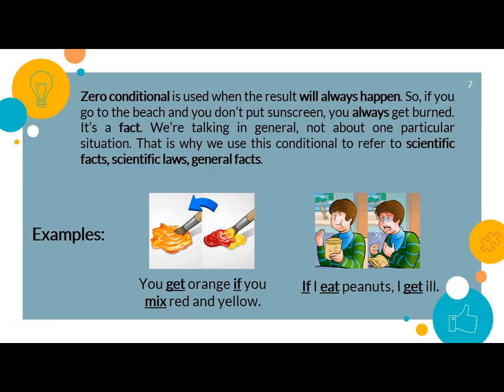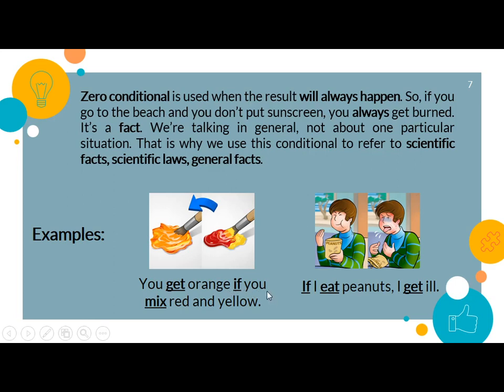Okay, and that is why we use this conditional to refer to scientific facts, scientific laws, general facts, and so on. And here we have some more examples. You get orange if you mix red and yellow.